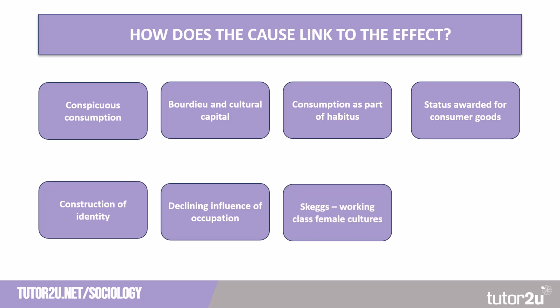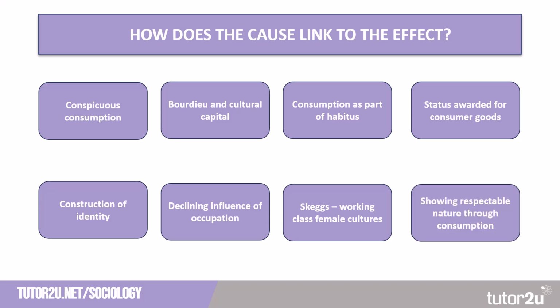For example, Skeggs looked at the way in which working class female cultures developed, and the way in which women would purchase goods that reflected their status in society and shy away from those that were seen as being of low value or lower class status. This helps shape their class identity through showing what Skeggs argues is a respectable nature through their consumption patterns, not purchasing cheap or mass-produced goods, to show that they are part of the middle rather than working classes.